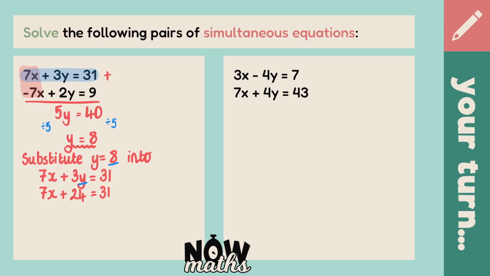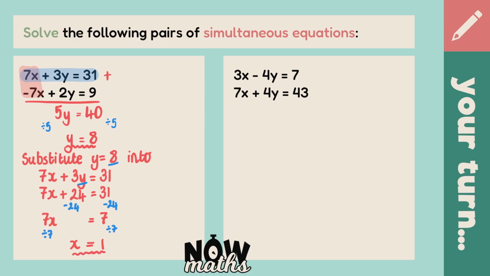We then solve by subtracting 24 from each side, which gives us 7x on the left and 7 on the right, and then dividing by 7 gives us our solution of x equals 1.